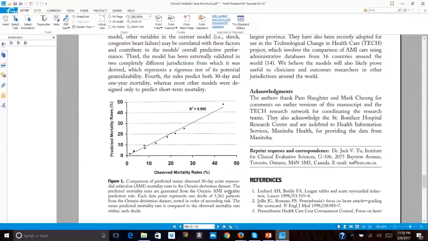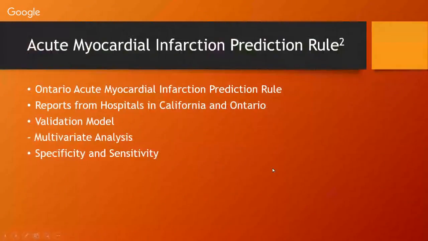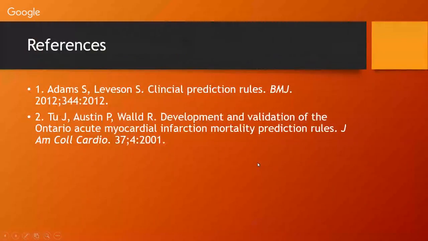As the predicted mortality rates went up, so did the observed mortality rates, which gave a positive linear correlation, which is shown here as a correlation of 0.985. This shows that the Ontario Acute Myocardial Infarction Mortality Prediction Rule is validated and can be implemented into medical practices.